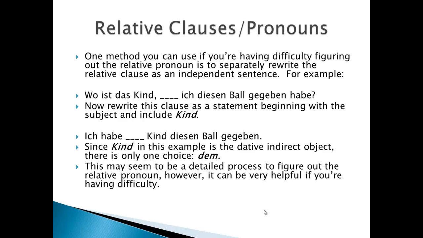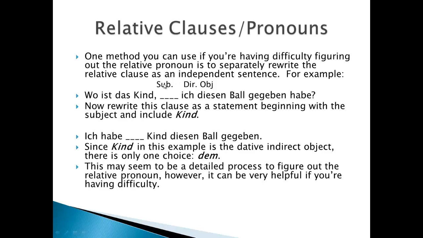Okay, if you're really having issues, you could always rewrite that clause, and I'm looking at "wo ist das Kind, dem ich diesen Ball gegeben habe." This is the part that you could almost rewrite if you wanted to. Oh, excuse me, I already jumped ahead there. And actually, I do have to apologize for a brief typo. When I uploaded this PowerPoint, these two words here are not aligned correctly.